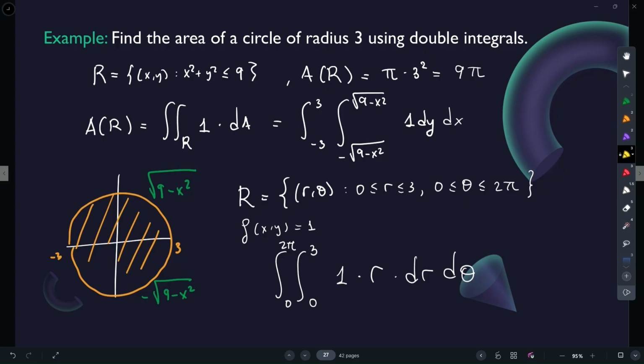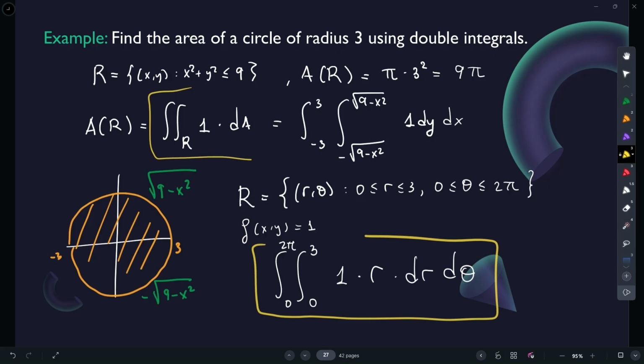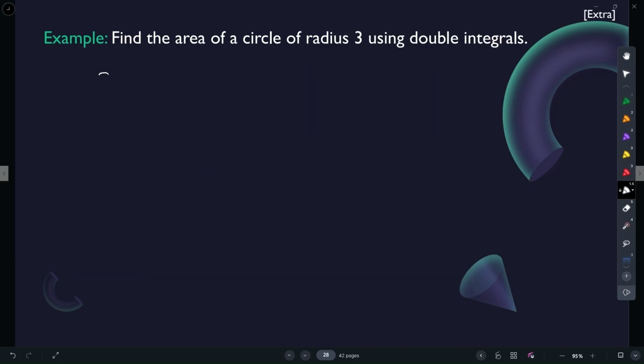Okay, so I have translated this integral into polar coordinates successfully. So I have to find the integral from 0 to 2 pi of the integral from 0 to 3 of r dr d theta.